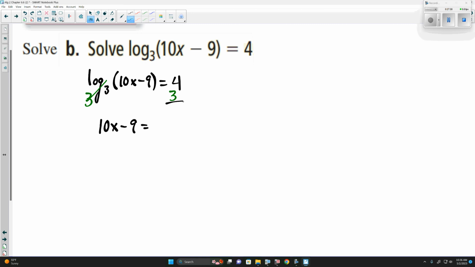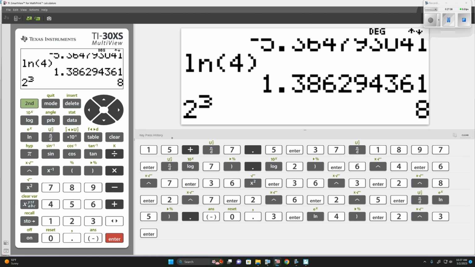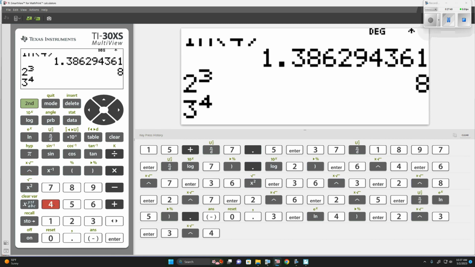Is 3 to the 4th a nice number? Yes, it is 81. Three to the 4th, 81.